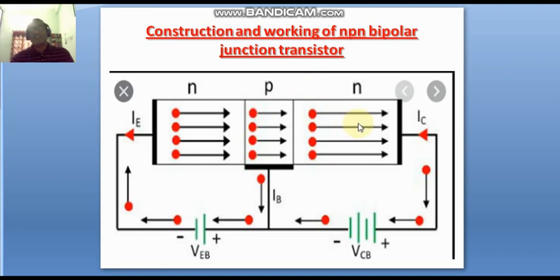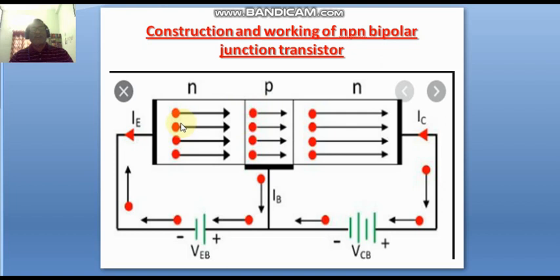Due to the majority charge carriers in the collector region, IC is constituted, that IC is passing through, and when it reaches the positive terminal of VCB, then the covalent bonds will be broken at VEB. Then the free holes and electrons are available here, and the process repeats in this case also. Here the total current IE is equal to IC plus IB.